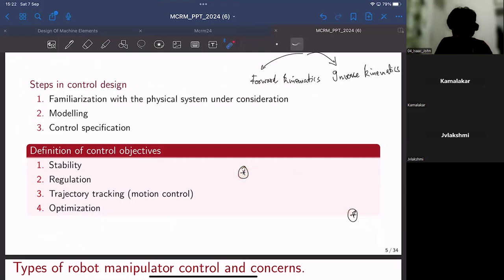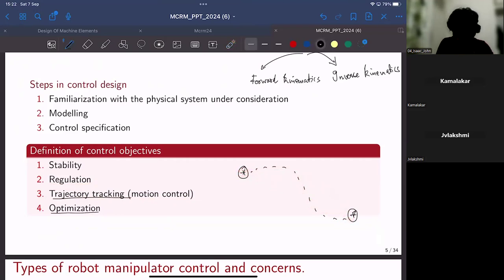But if you have a series of points as a function of time, and you want your robot to move through each of these points at a specific point of time, that becomes a tracking problem. Regulation is not a function of time. You only need to go from your current position to your final position.